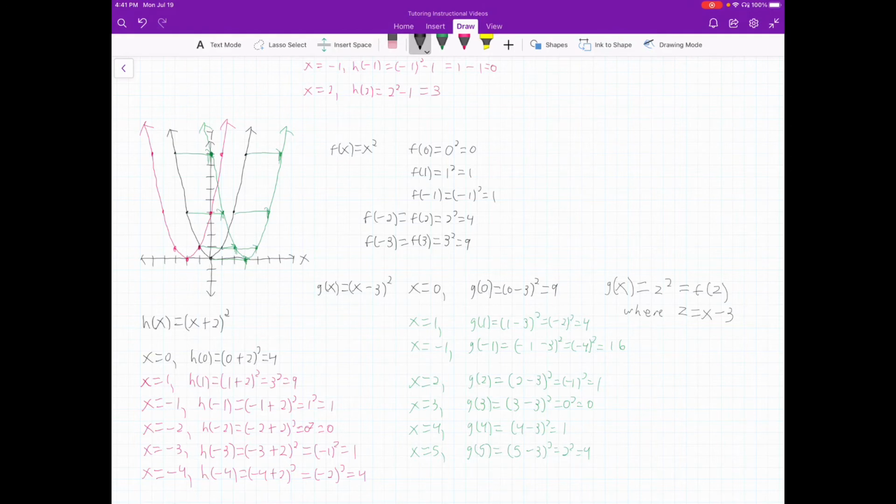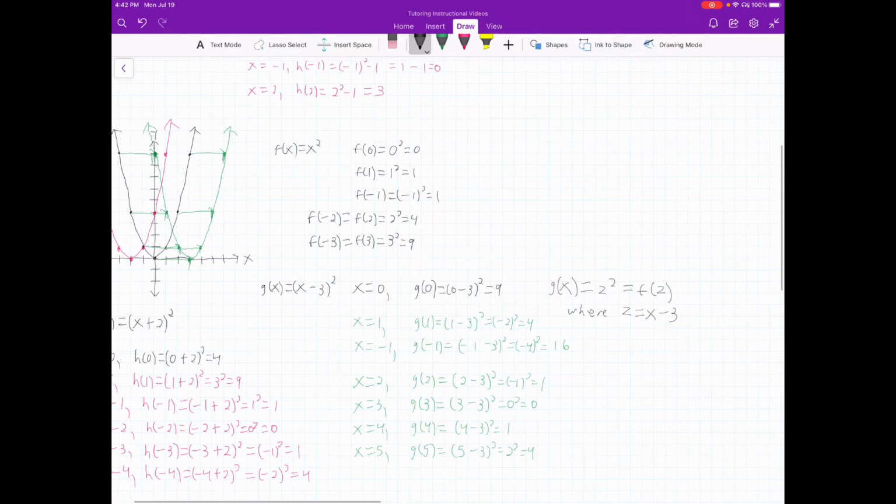And then, when we're plugging in g of 0, when x is 0, that means z is -3. So g of 0 is the same as f of -3, because z becomes -3. And we see from our chart here that that would give us 9.